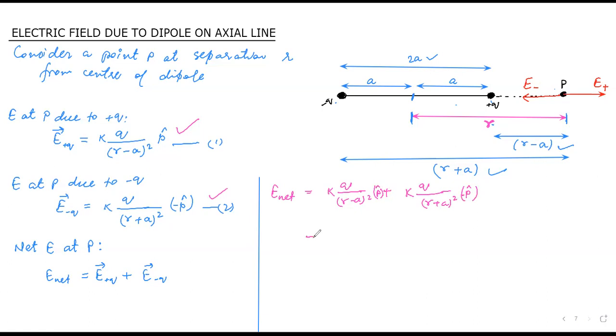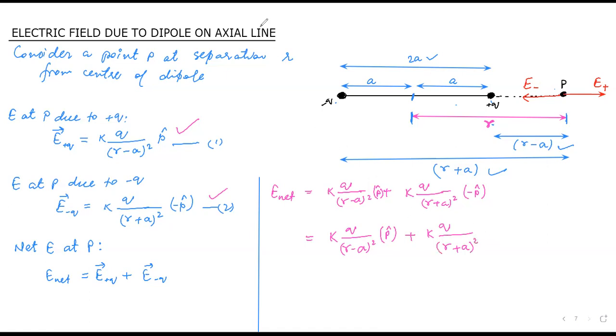Okay. Finally, if you try to multiply this minus sign into the equation, you get KQ over (R minus A) square unit vector of P plus KQ over (R plus A) square.